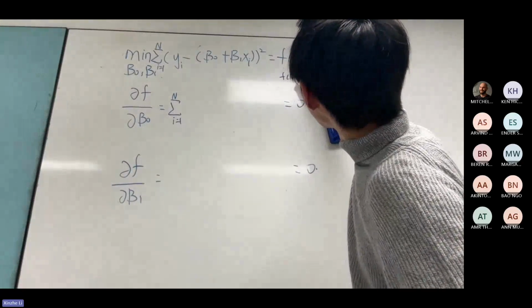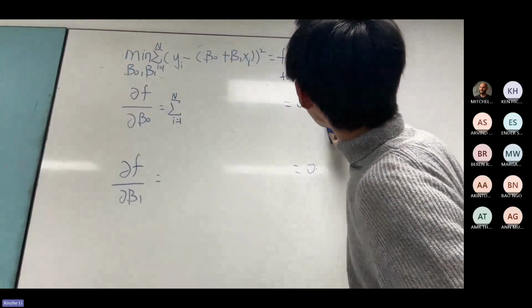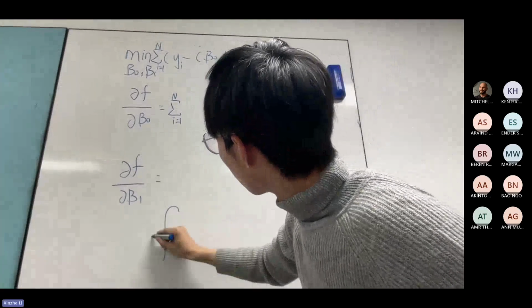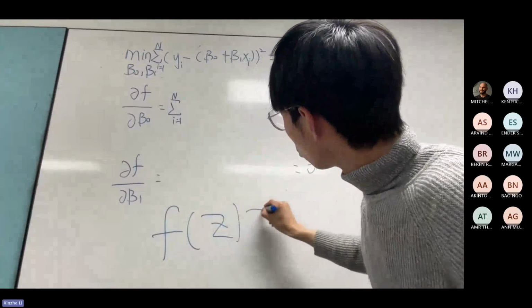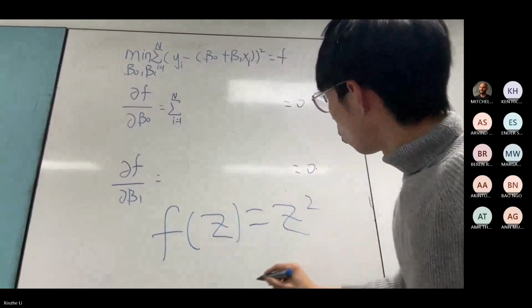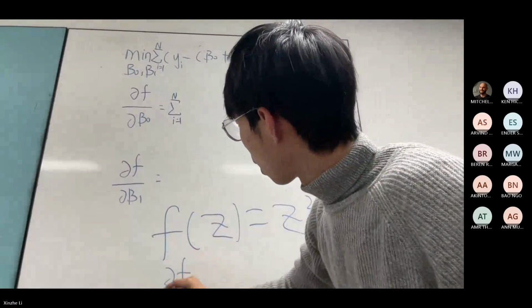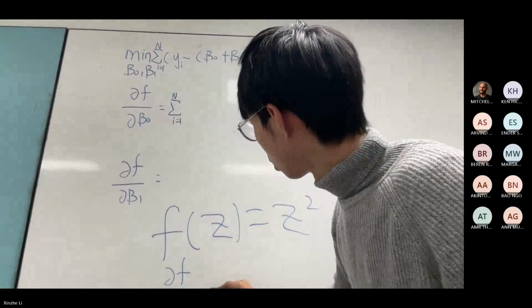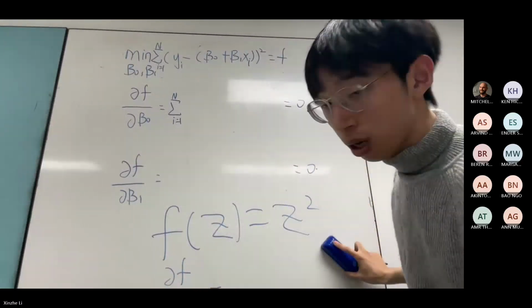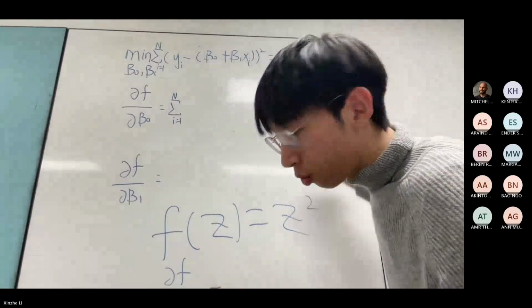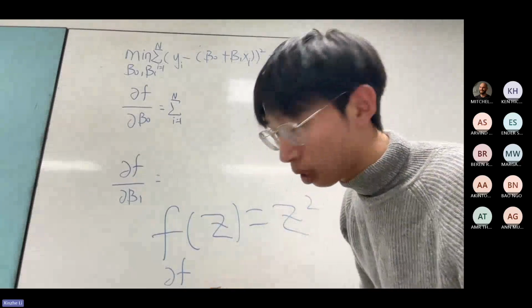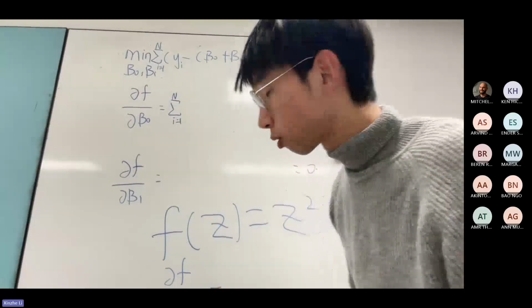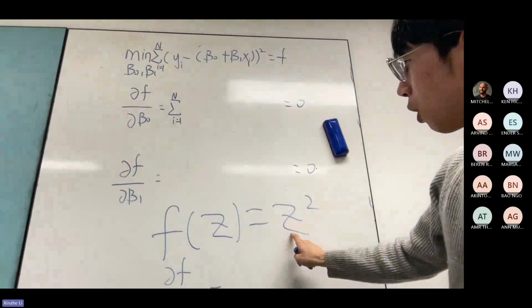If a function f(z) equals z squared, what's the derivative of this? You can type in the message box.